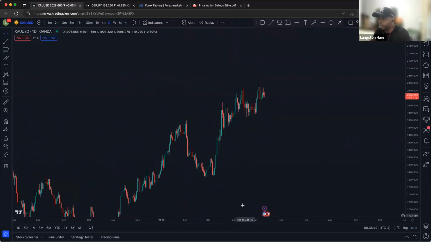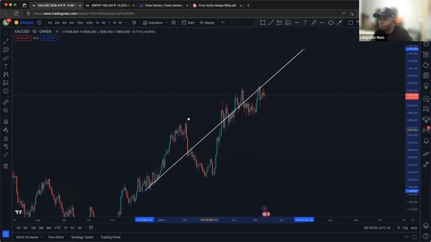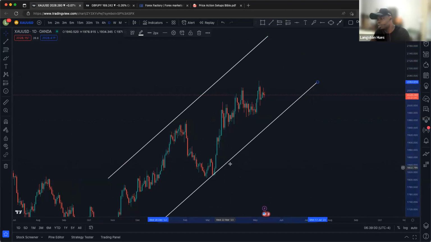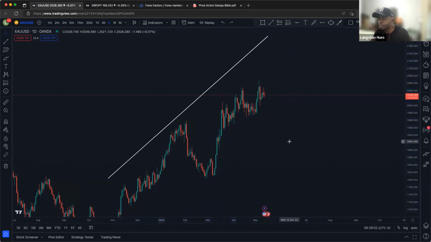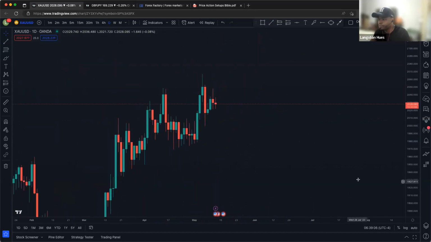Here on the daily, we see this clear sort of uptrend for the larger part of the market structure. In this larger clear uptrend, we're mostly focused on what's occurring right here on the daily.